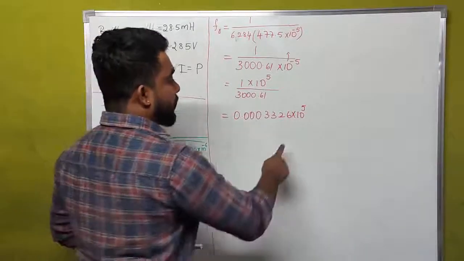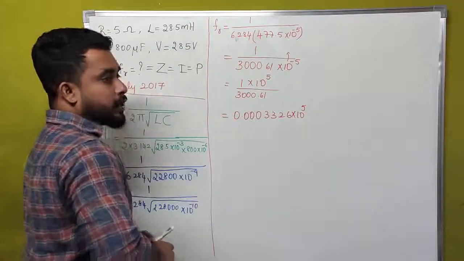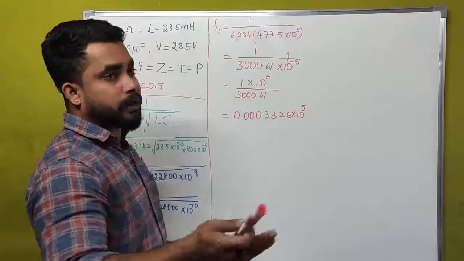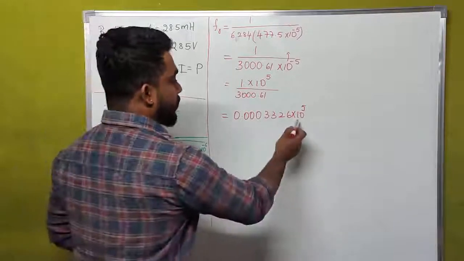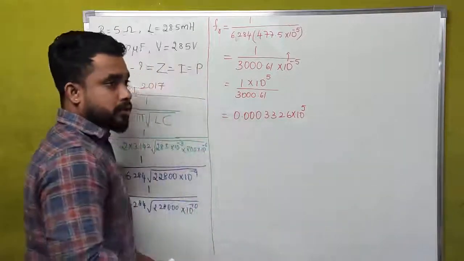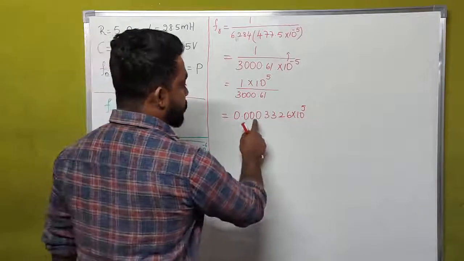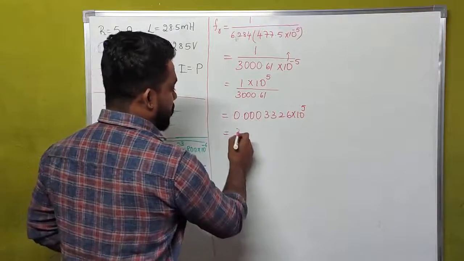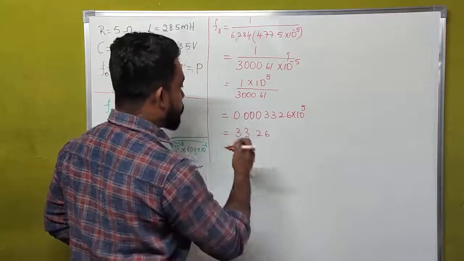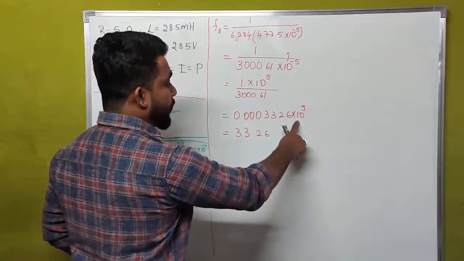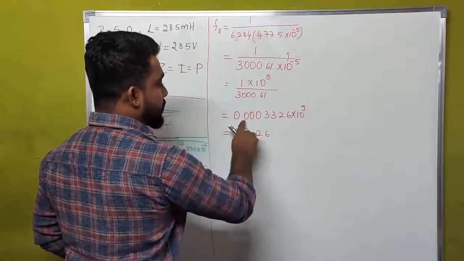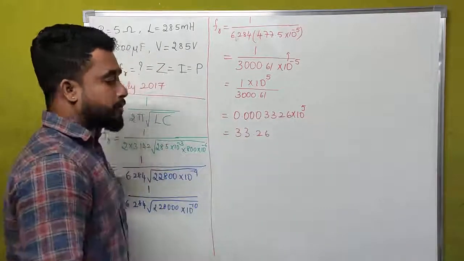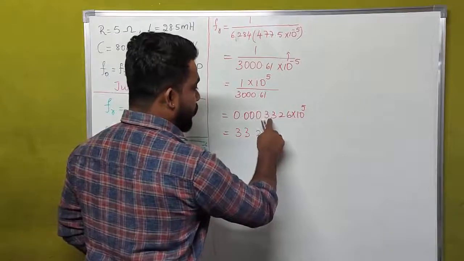If we multiply 1 lakh to this, 10 to the power of 5 means 1 lakh, that is 1 followed by 5 zeros. 1 lakh into 0.0003326 is equal to 33.26. Or you may shift the point: since we have plus 5, we shift the point by 5 places, that is 1, 2, 3, 4, 5.